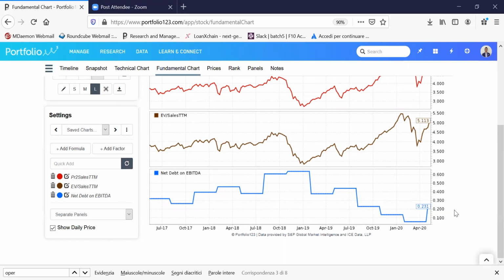To do a bit more debt analysis, you definitely want to look at the net debt position and confront it with margins like gross margin, or even better, EBITDA margin.